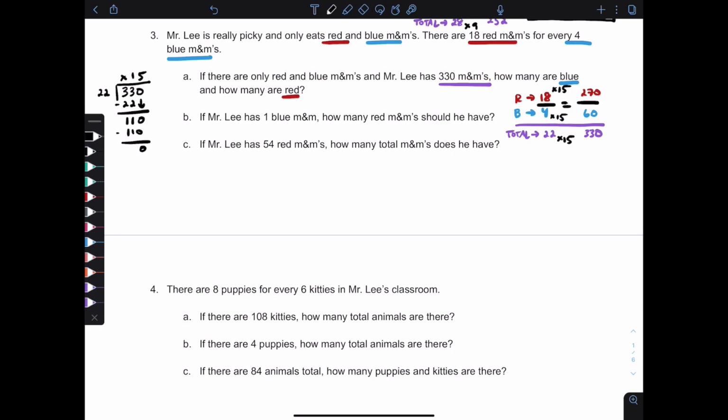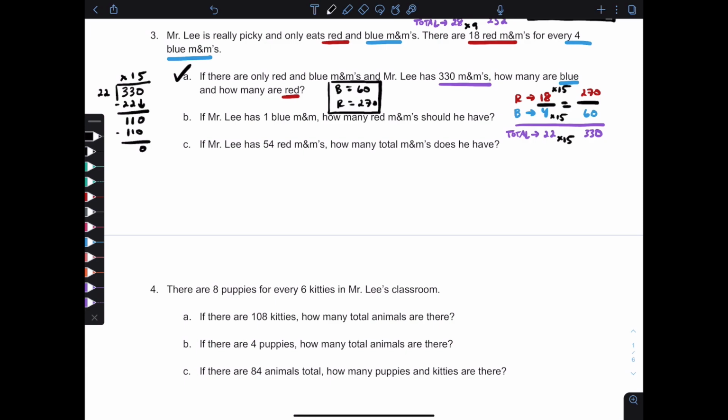Well, for blue, that is going to be 60. And then for red, we can say that's 270. That would be the answer for this first part if there were 330 and we kept the same ratio of 18 to 4. That's part A, all done.